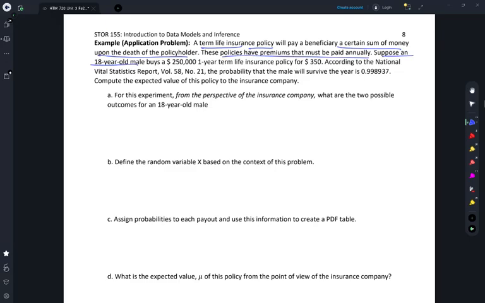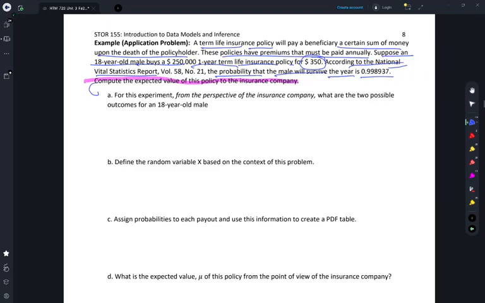Suppose an 18-year-old male buys a $250,000 one-year term life insurance policy for $350. According to the National Vital Statistics Report, the probability that the male will survive the year is 0.998937. Our interest here is to compute the expected value of this policy from the perspective of the insurance company.